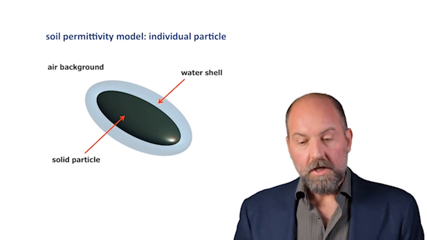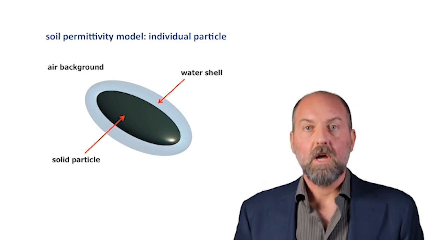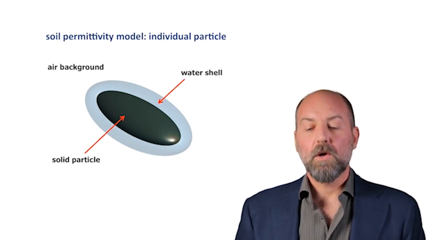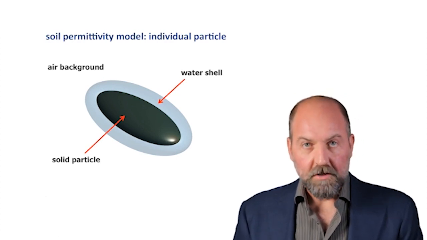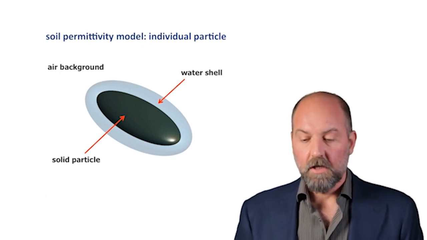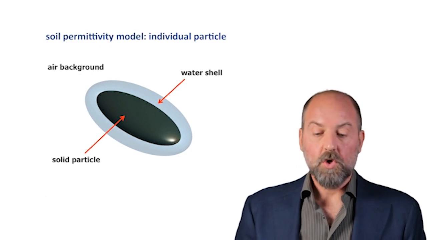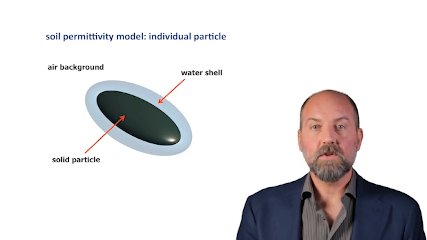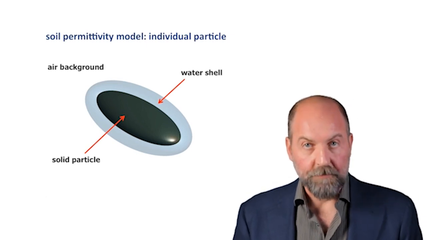I will be using in this presentation a simplified model that I have developed in the past, and I will very briefly describe it here, and by no means is this meant to be a detailed description. So in our model, the soil particle is represented by an ellipsoid.